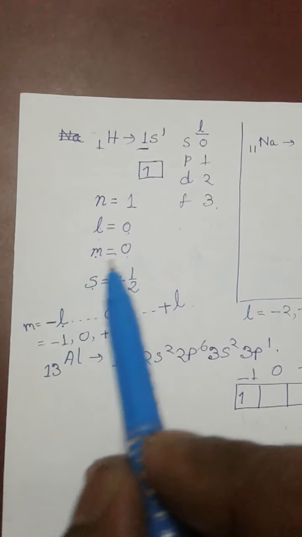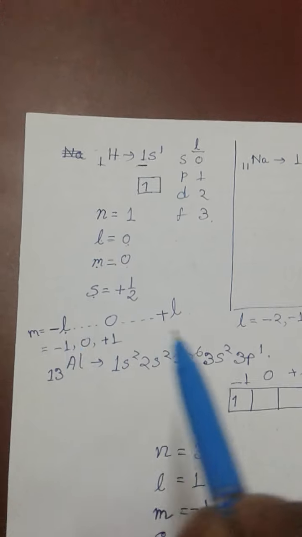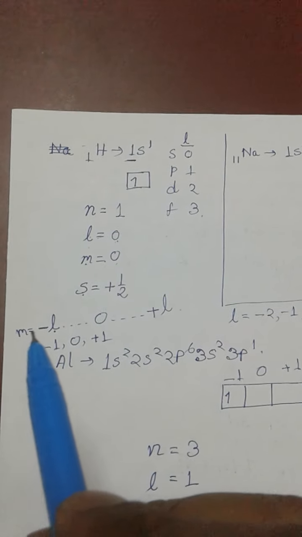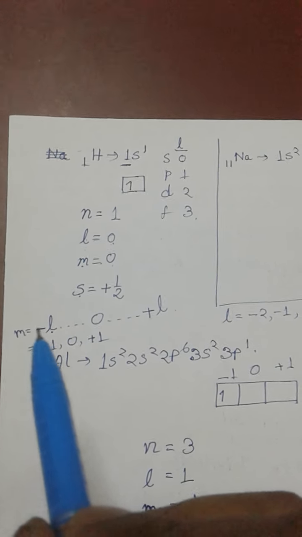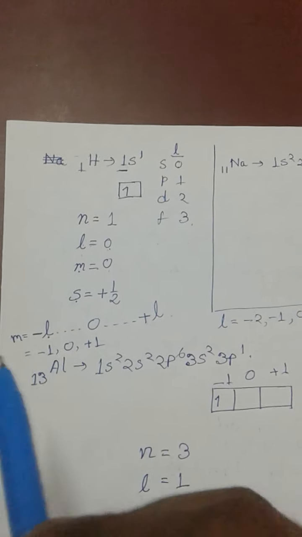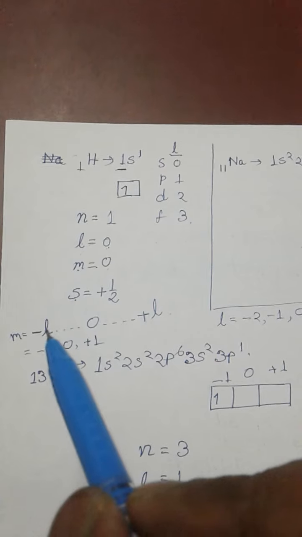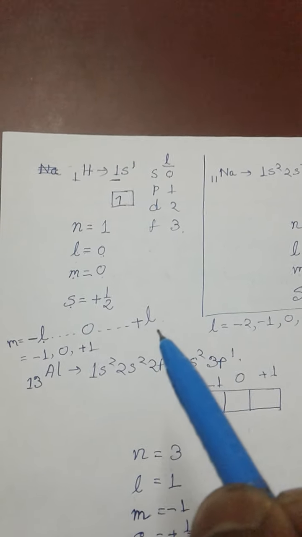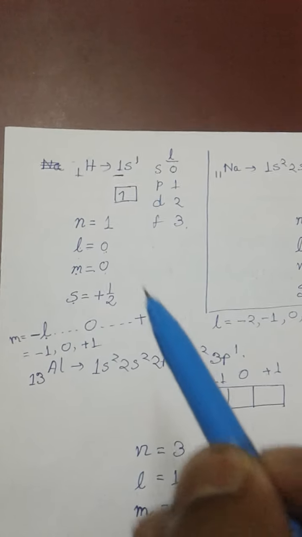Now for the value of M, we must consider this formula. We start from minus l, the minimum value, up to plus l, the maximum value.